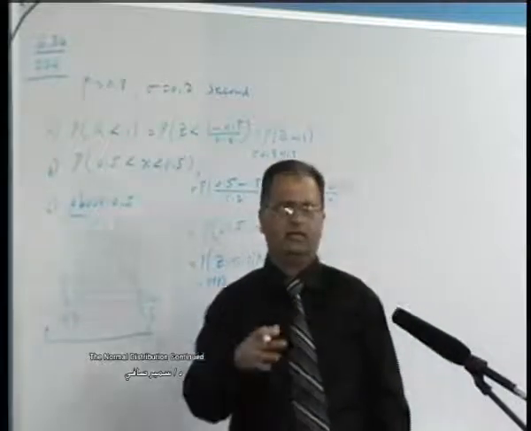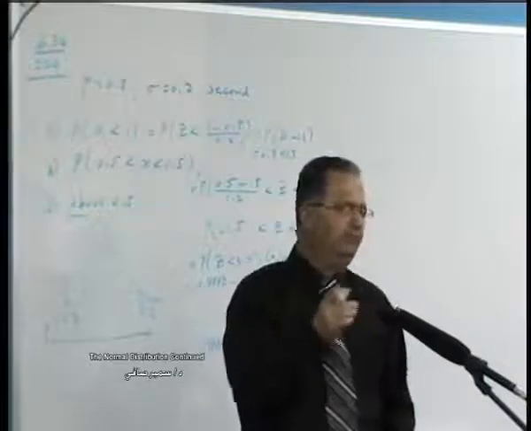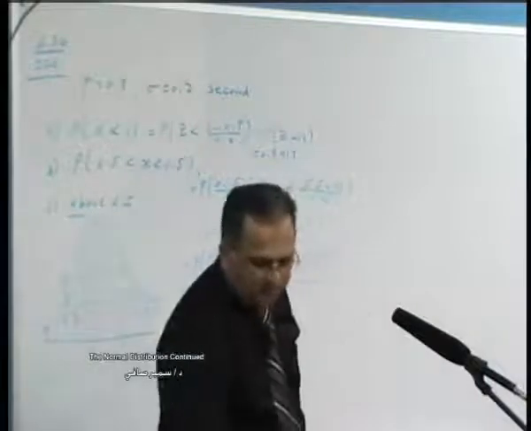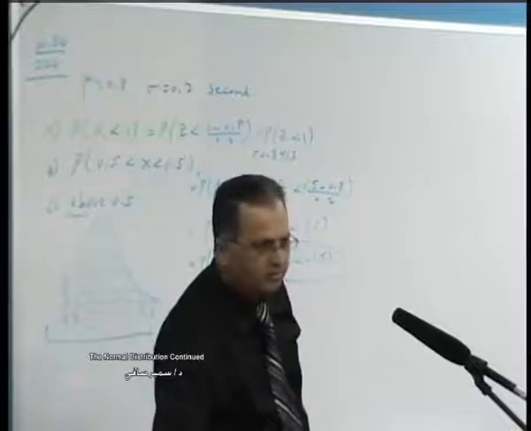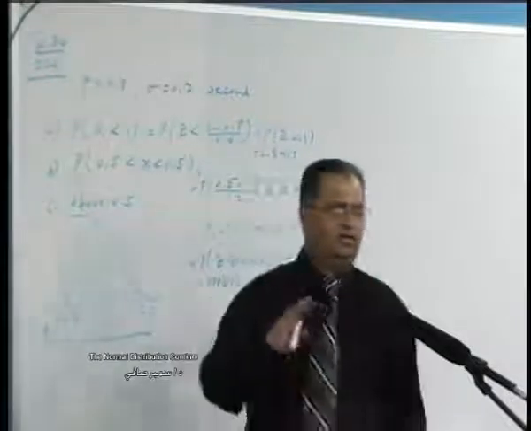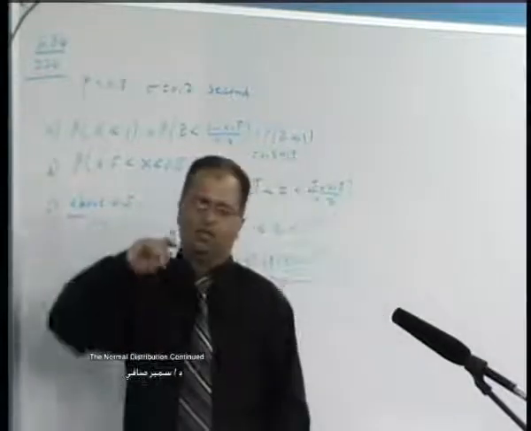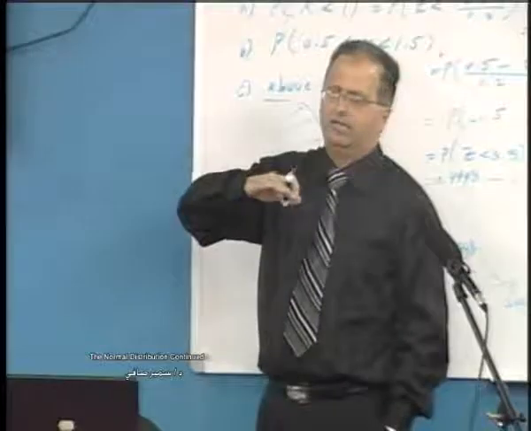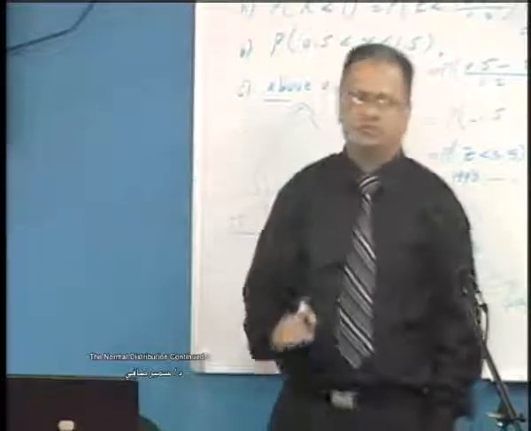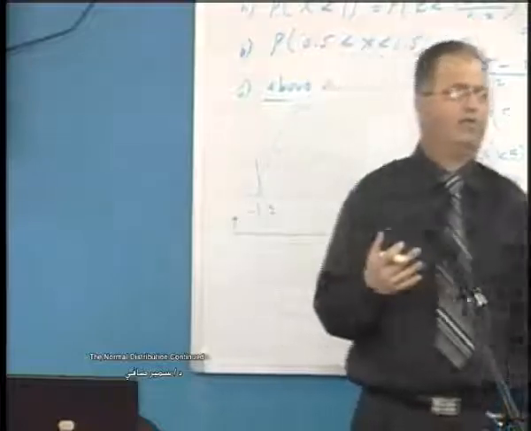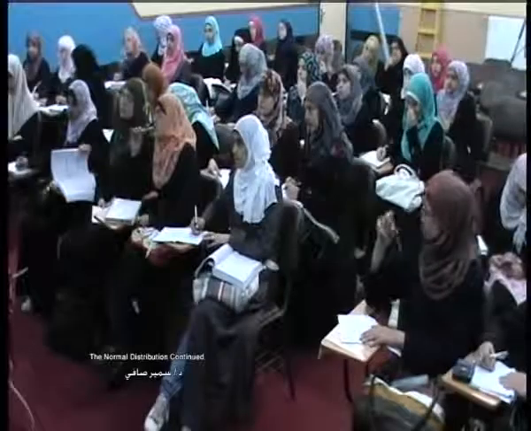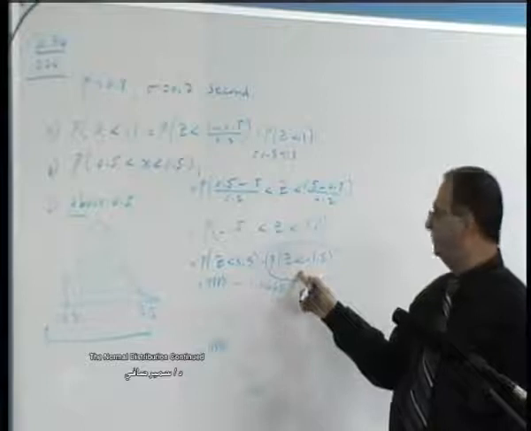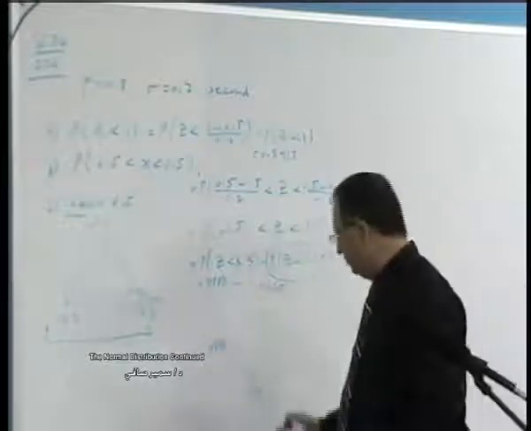Now imagine that you only have the positive z-score table. Suppose that the table you have in the exam is just the positive values of z. How can we find the probability of z greater than minus 1.5 or smaller than minus 1.5?